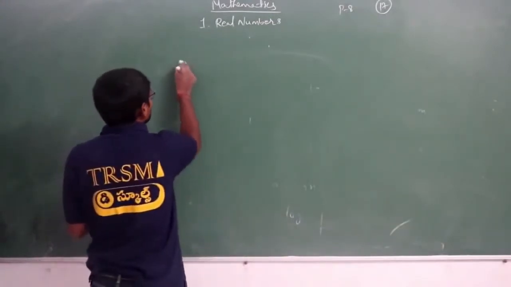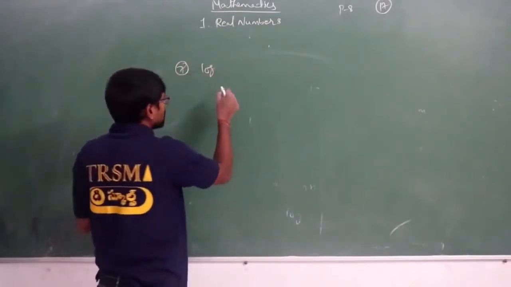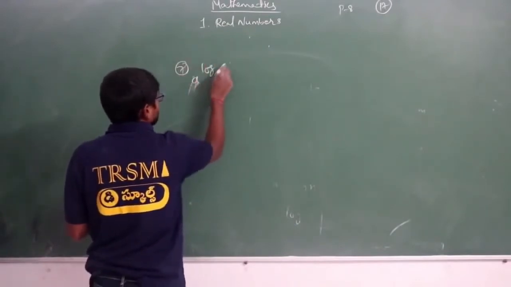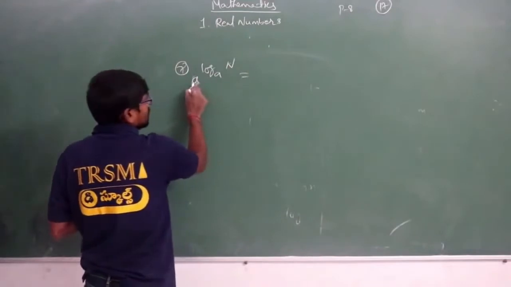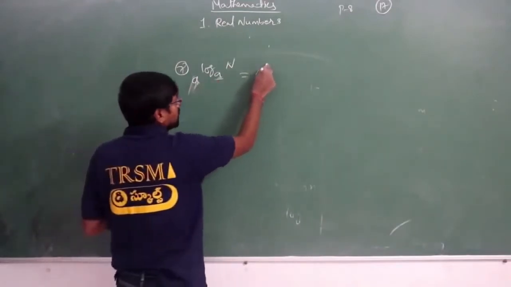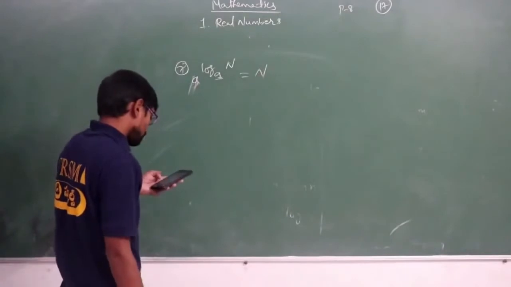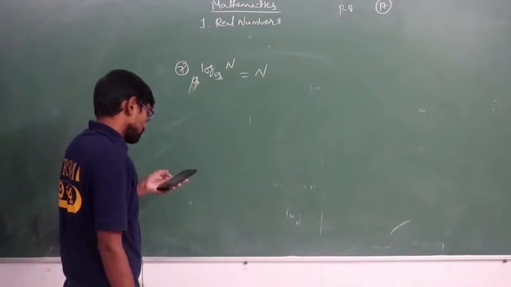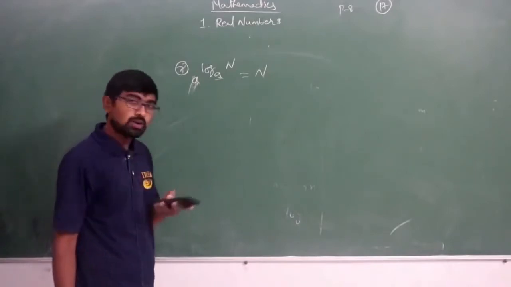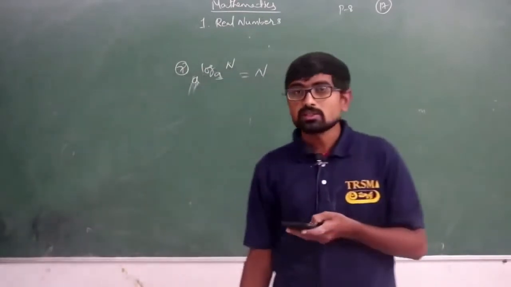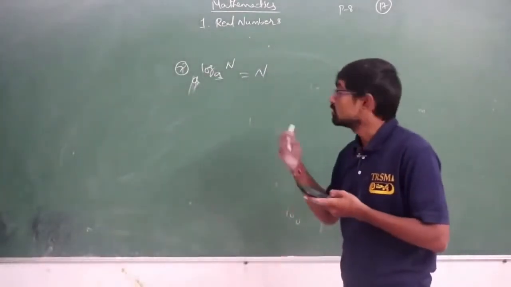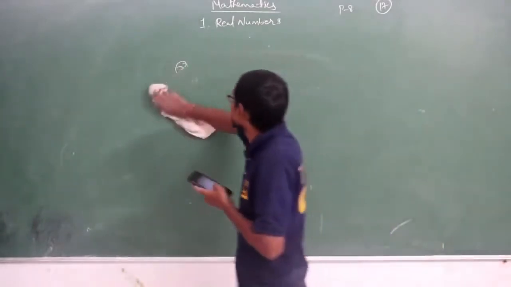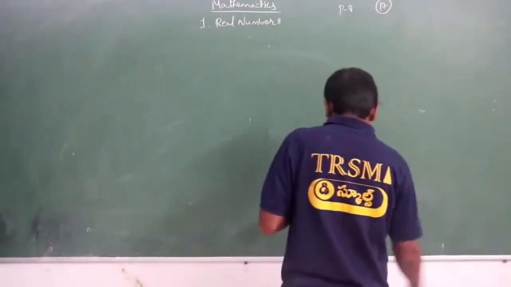And one more formula was there, I think the seventh formula: a power log base a of n is equal to n, if the base and the base of the logarithm are both the same. So these are the formulas you have to know. I hope you have all got the formulas. Let me tell you one or two laws so that you can easily remember how we got them.